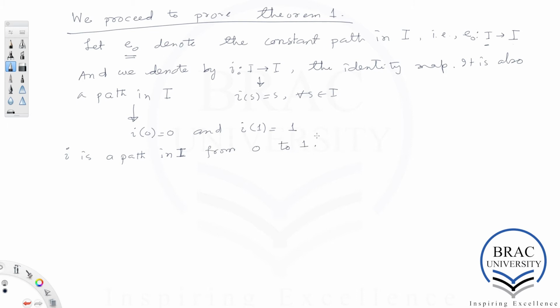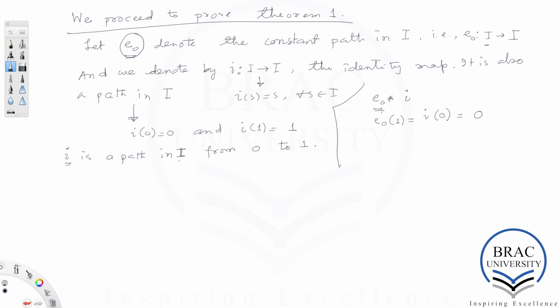Okay, so E0 is a path in I from 0 to itself, and small I is a path in I from 0 to 1. So it makes sense to take the product of E0 with I, because the final point of E0 is the same as the initial point of I. They are both equal to 0.